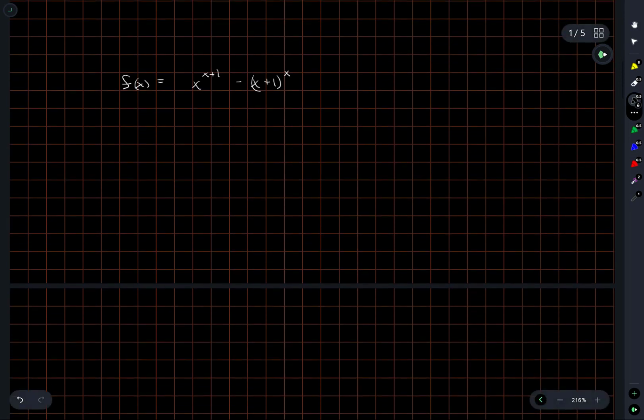So what happens if I take, let me write this as a sum of two functions, because it'll be easier to differentiate these separately. Okay, so g of x is x to the x plus 1, and h of x is x plus 1 to the x.